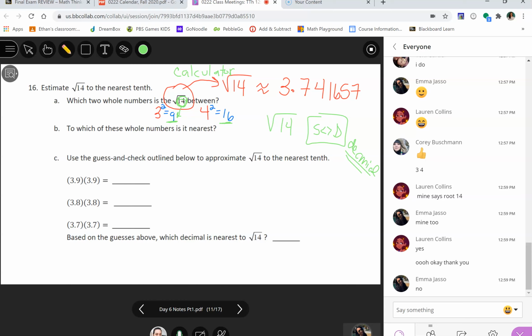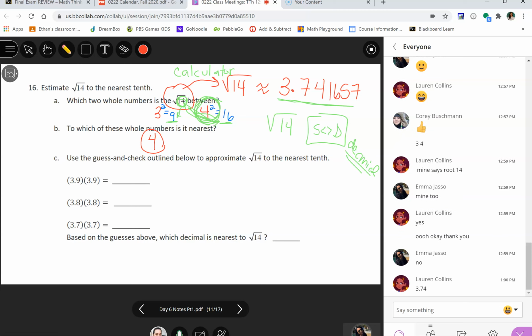Okay. So since 14 is technically closer to 16, what MyMathLab is going to say is that the decimal number should be closer to 4. Because 14 is closer to 16, the root would be closer to 4. But can't you just round that and see 3.7 is closer to 4? So don't get too bogged down in these, basically, is what I'm trying to say. Don't go down the MyMathLab rabbit hole on these.